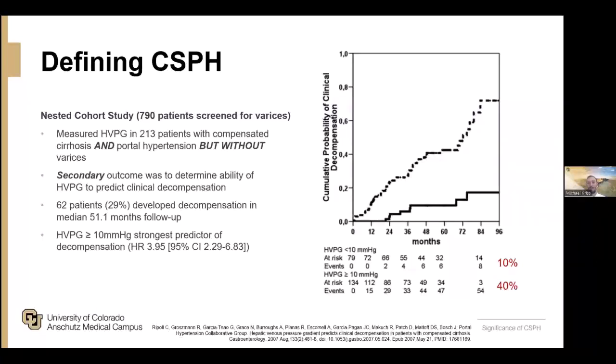If you look at the Kaplan-Meier curve, you can see that in the extended follow-up, 10% of those who had an HVPG under 10 did develop decompensation. And certainly not all of the patients who had an HVPG above 10 developed decompensation. It was actually only 40%. But it's clear that this has clinical significance in its ability to predict subsequent decompensation. And that's why it's been dubbed clinically significant portal hypertension.